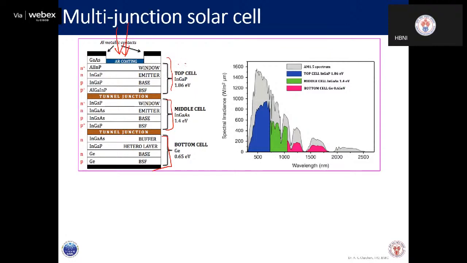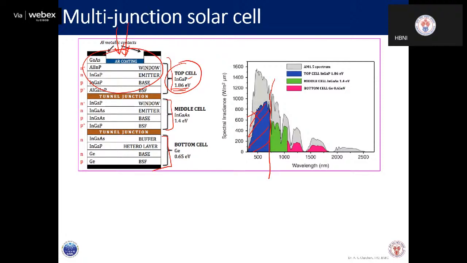The top cell has the material indium gallium phosphide, and the band gap is 1.86 electron volt. So this much amount of radiation, up to 1.86, will be absorbed by this particular solar cell.